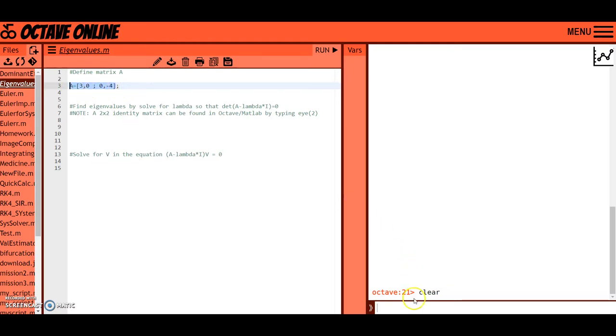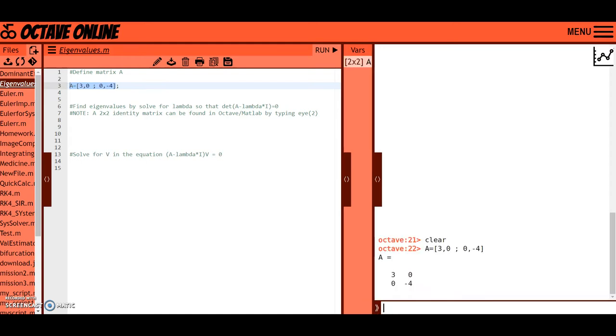So we're going to define matrix A, and I'm going to just paste it in here just so that you can see the output without it being suppressed by the semicolon. And you don't have to have the semicolon there, it just will of course suppress the output if you run the script. So the next thing we want to do is find the eigenvalues by solving for lambda so that the determinant of A minus lambda I equals 0. Note, a 2x2 identity matrix can be found in Octave or MATLAB by typing eye(2).